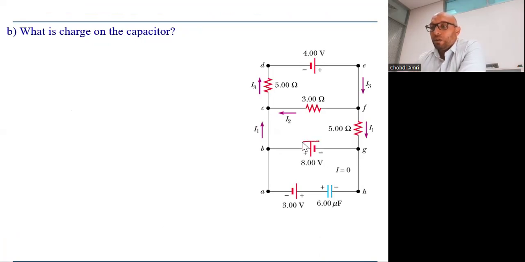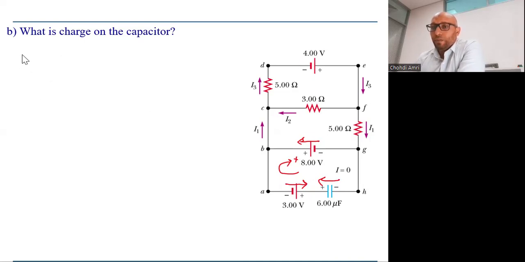Let's draw the circuit diagram. The potential difference across the 8-volt battery is from negative to positive, the same for the 3-volt battery, and the same for the capacitor. Let's apply the loop rule. But before, why are we applying the loop rule?